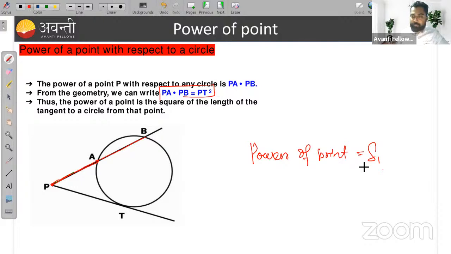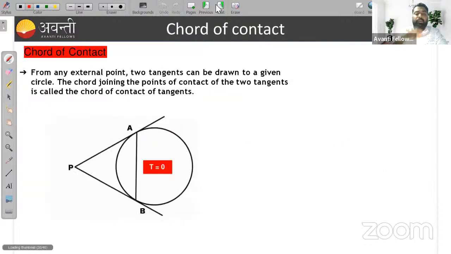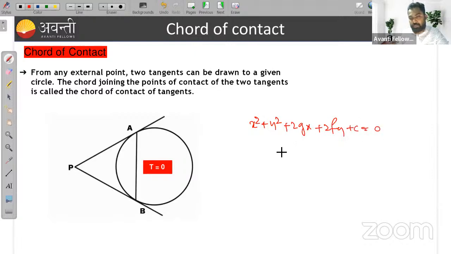Got it? Next, chord of contact. What is the equation of chord of contact? Suppose you have the equation of circle x square plus y square plus 2gx plus 2fy plus c is equal to 0. Then, if the coordinate of P is x1, y1, the equation of chord of contact will be T is equal to 0, right? What is T?